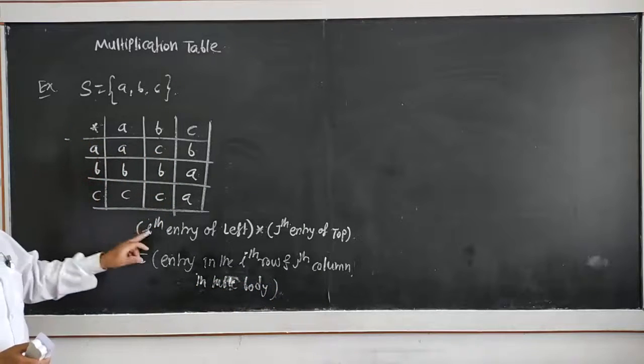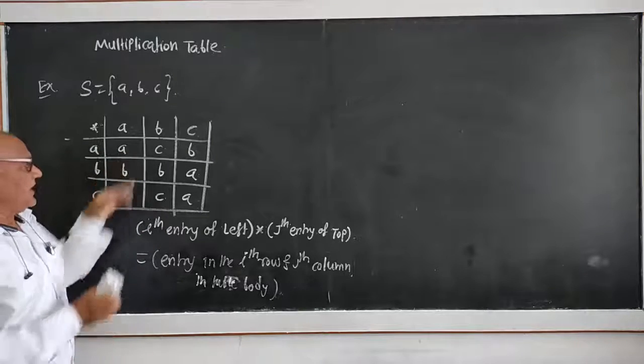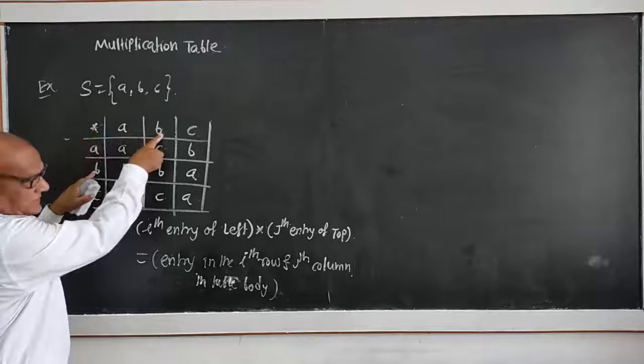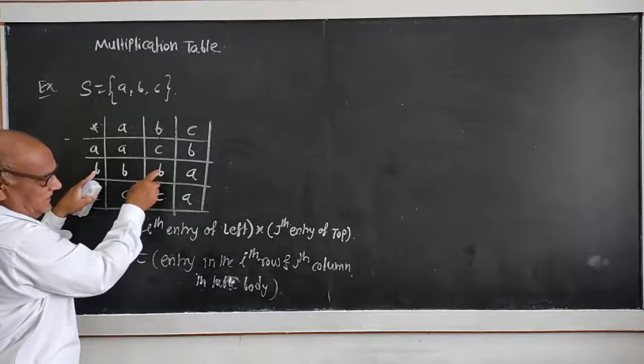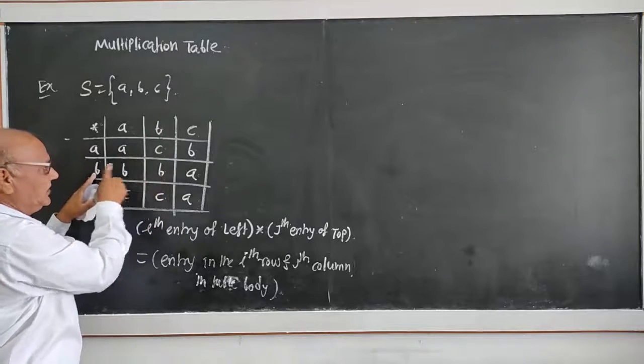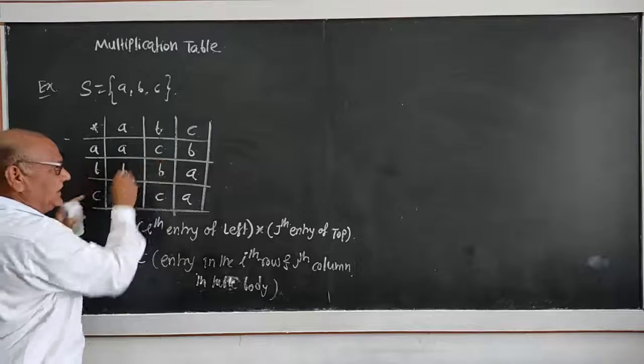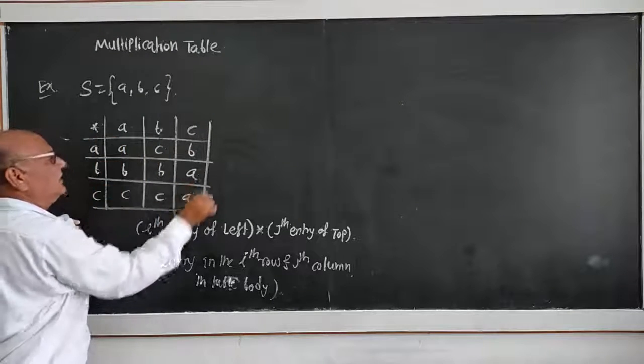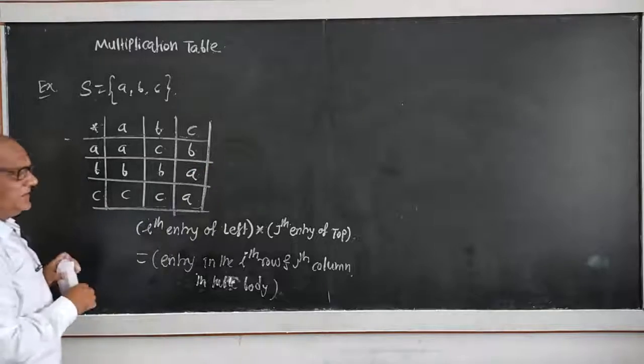The ith entry in the left, star, the jth entry in the top, is equal to the ijth entry in the table body. This is called the table body.